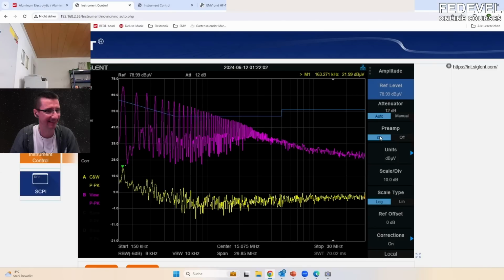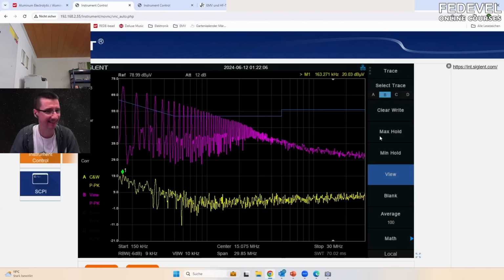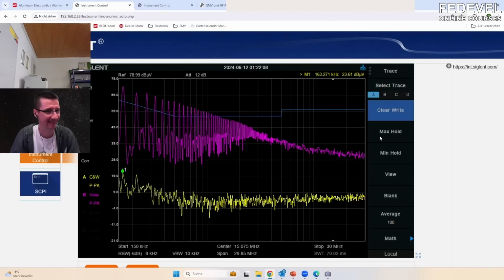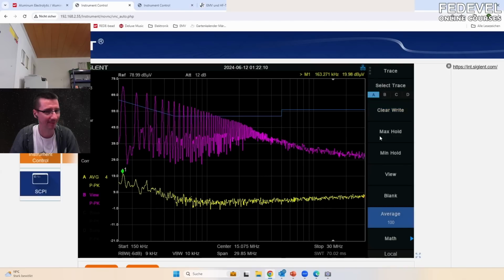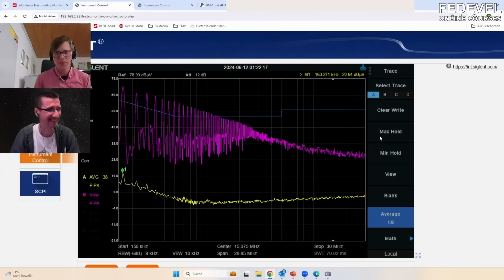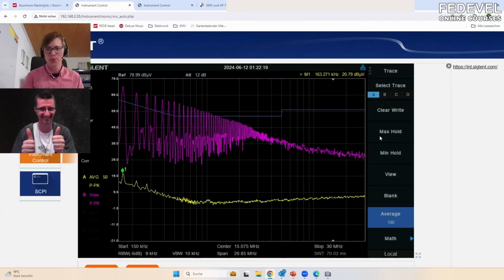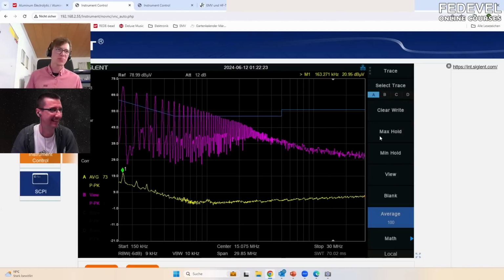And maybe now let's do some average. Maybe then we can see something. Now you can see here this one peak, and it looks actually quite good, but a real engineer would say it is over-engineered.